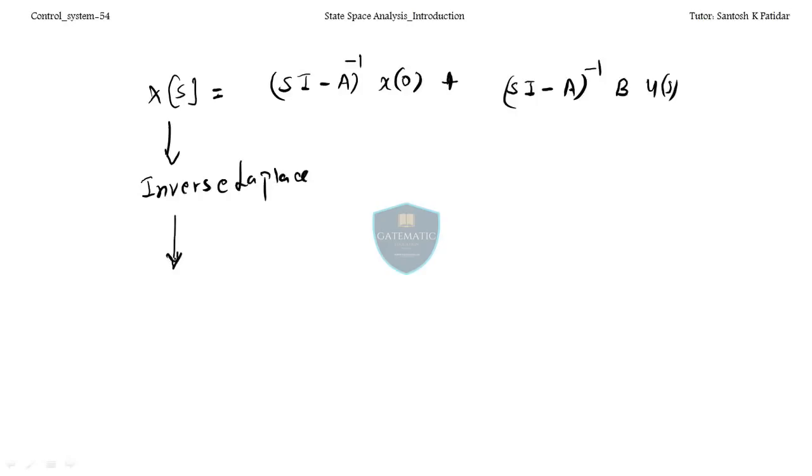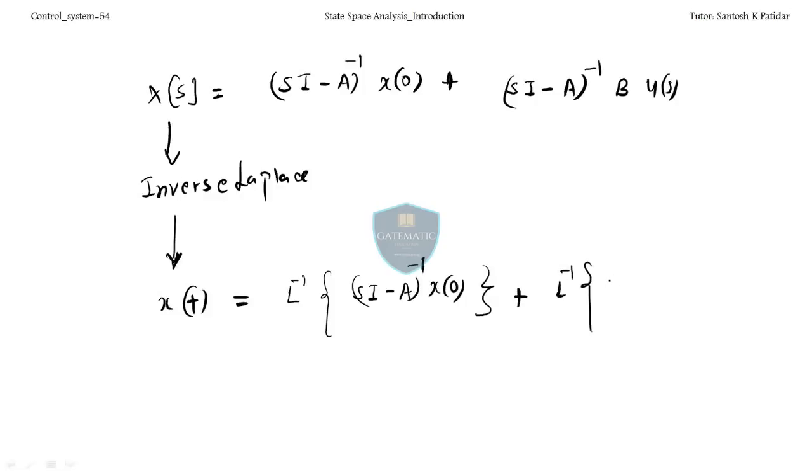So when you take the inverse Laplace, you will get x(t), and your x(t) will be L inverse of (sI minus A) inverse multiplied with x0, plus L inverse of (sI minus A) inverse B U(s). So two things in the solution.